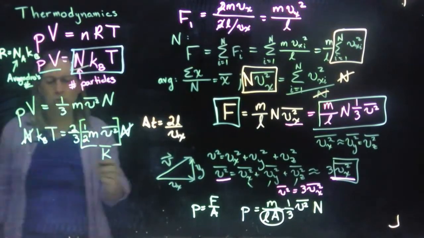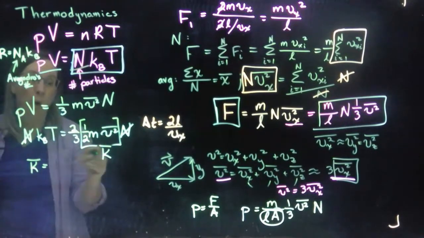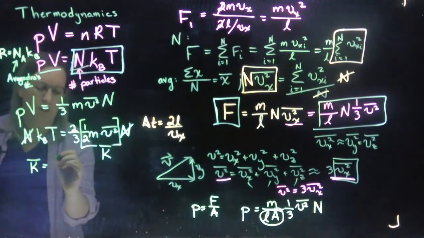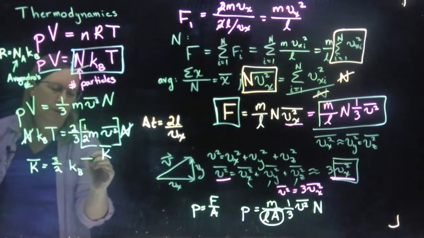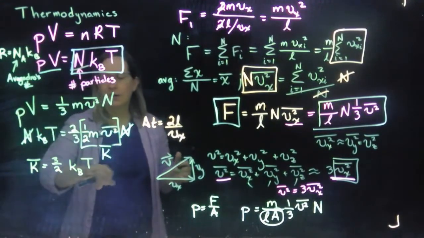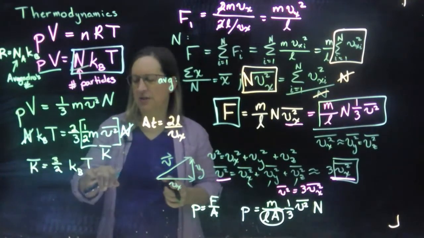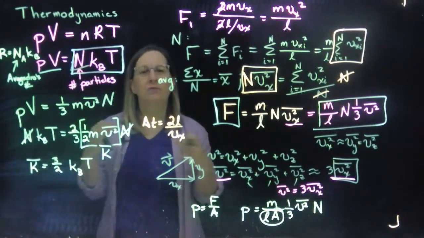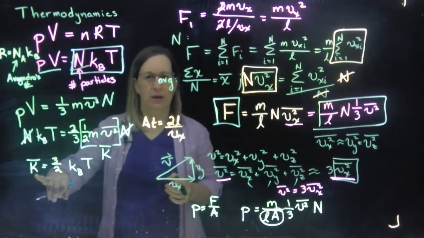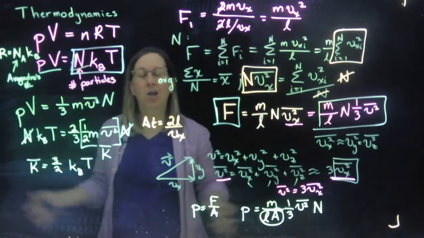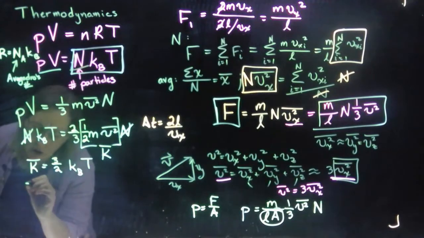So my average kinetic energy per particle, sort of average value, is going to be 3/2 kB T. So our temperature, which we first talked about as just what our thermometer measures, is actually a measurement of the kinetic energy of a particle. So the average kinetic energy for a particle. If we have a lot of them and they're all moving around, then we can talk about our average.